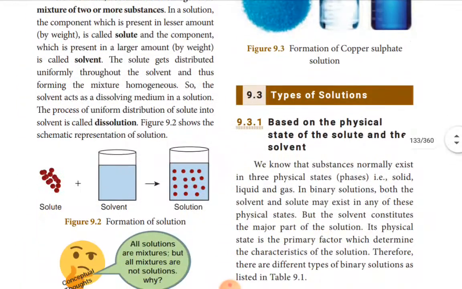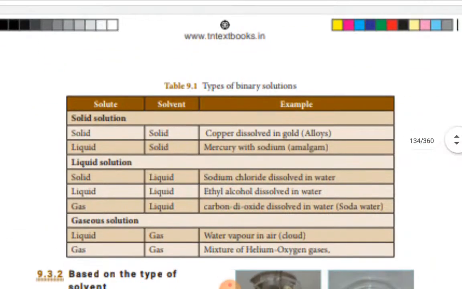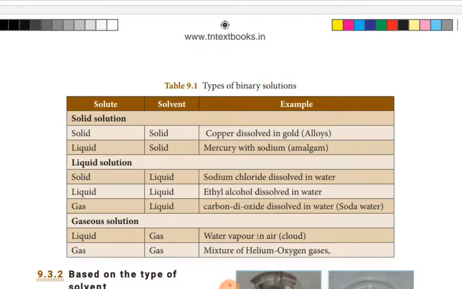Then the types of solution based on the physical state, it is going to be classified into three categories, that is solid solution, liquid solution, gaseous solution. But already we have learned solid solutions, alloys, liquid solids, amalgam.